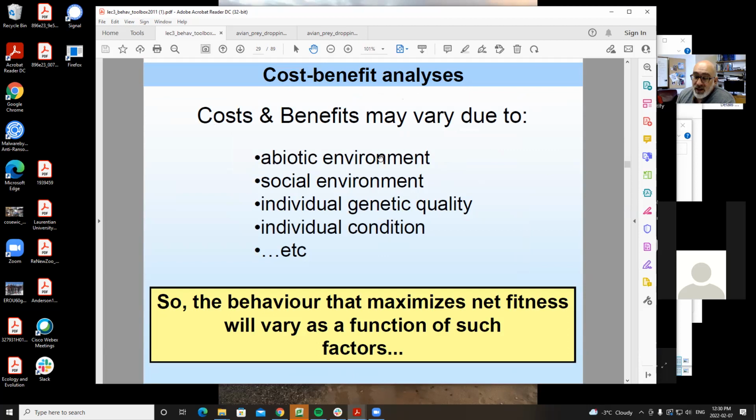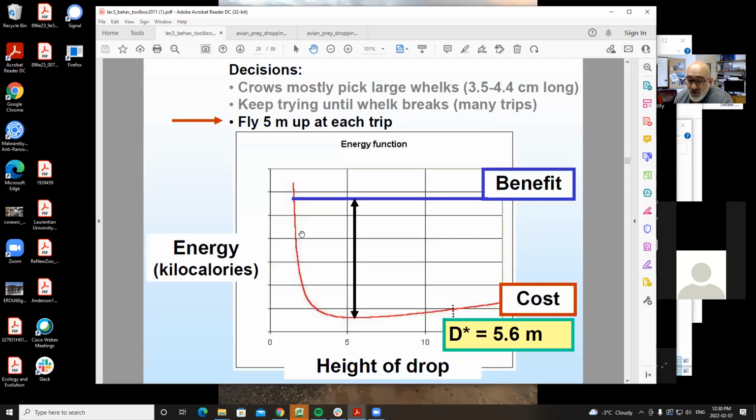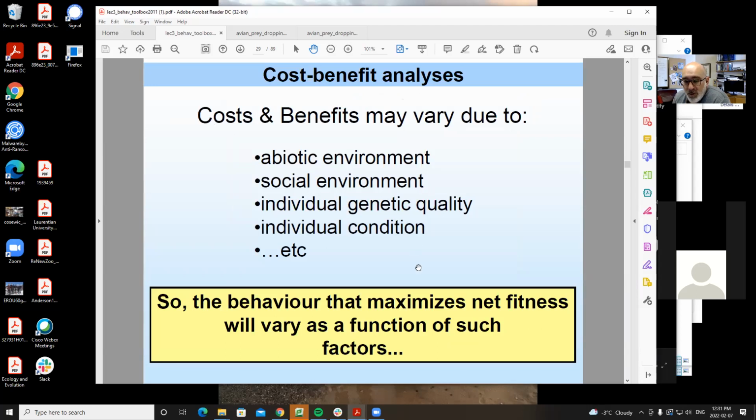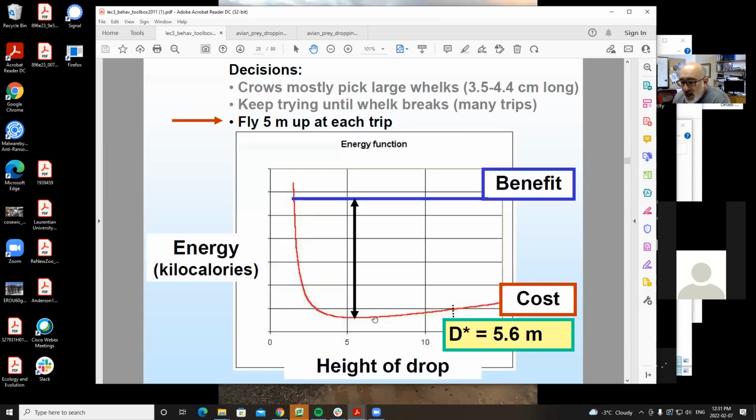And therefore this cost curve could change, which means the optimal height at which to drop the whelk could be different because of the presence of wind. Social environment: imagine if there were other crows trying to steal the whelk that had been dropped. That may also alter this cost curve, and therefore the optimal height, right?